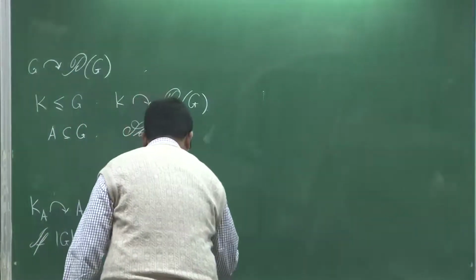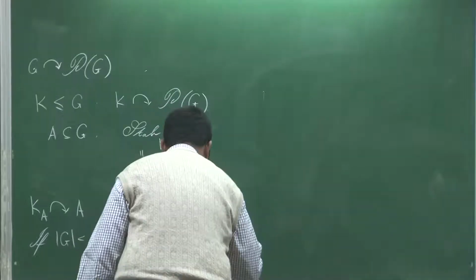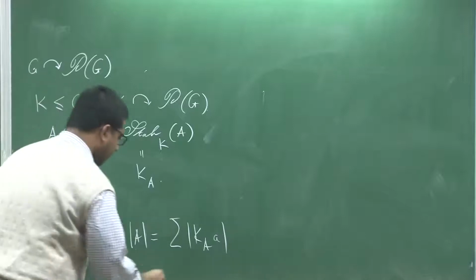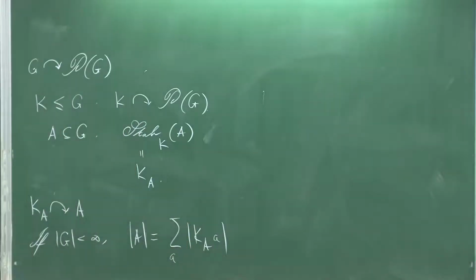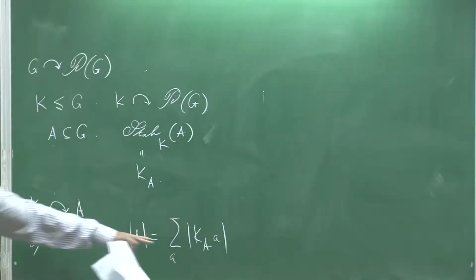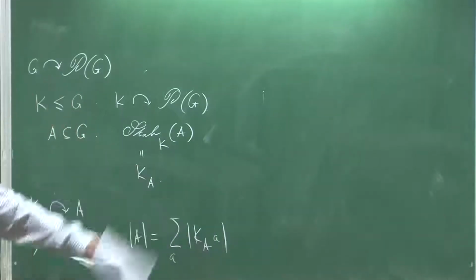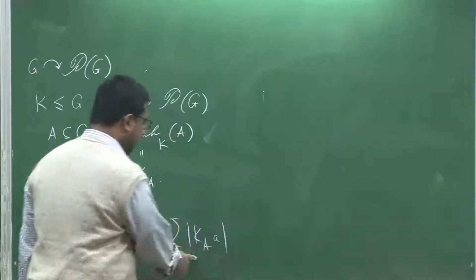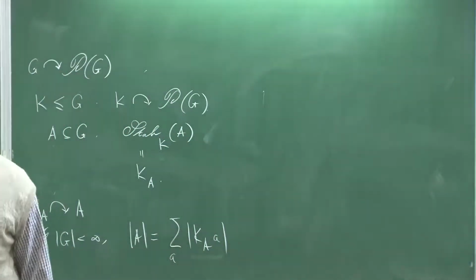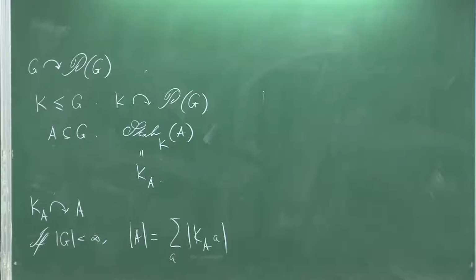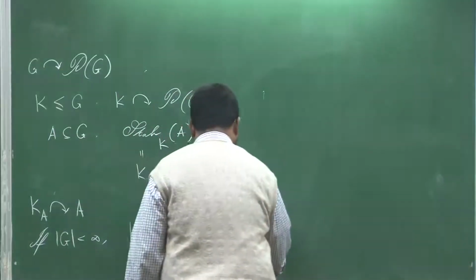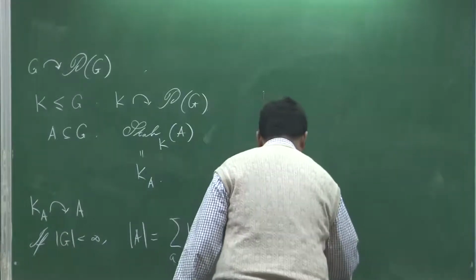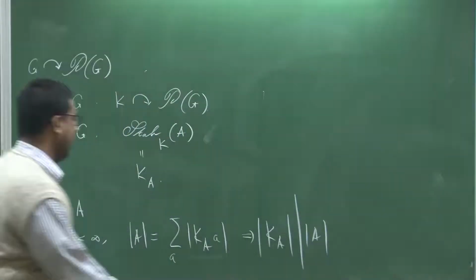So the class equation tells us that the cosets of K_A form a partition of A. Since each right coset has the same number of elements as K_A, it follows that the order of K_A divides the order of A.